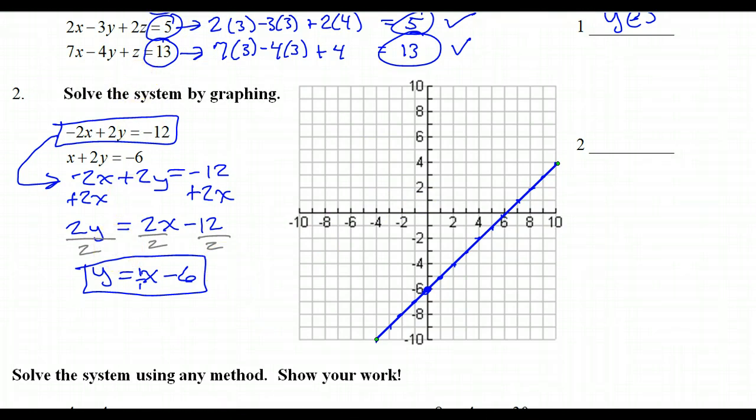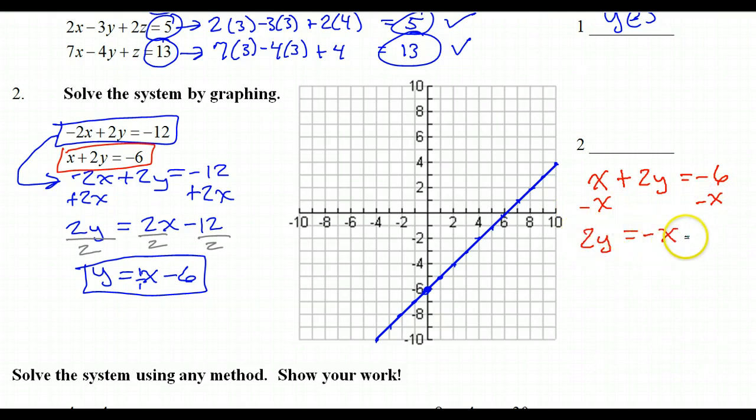Now let's do something similar with the other equation, which I will do this one in red. I think I'll do it over here where I have more space. So x plus 2y is equal to negative 6. So on this one I would subtract x from both sides. So now I have 2y is equal to negative x minus 6.